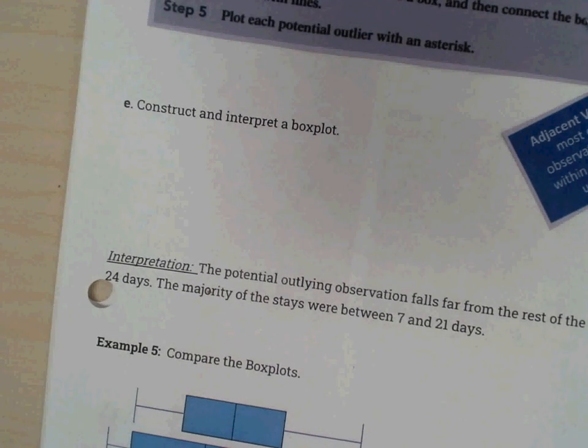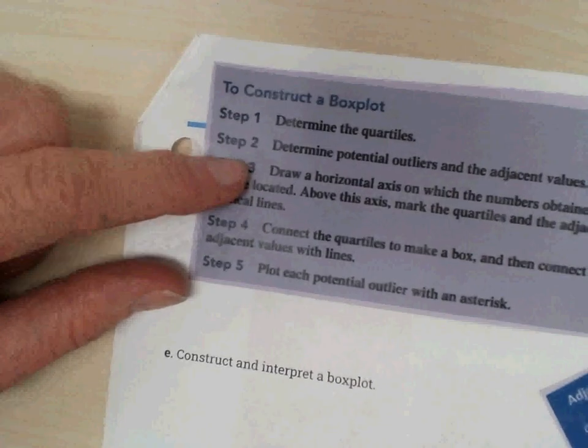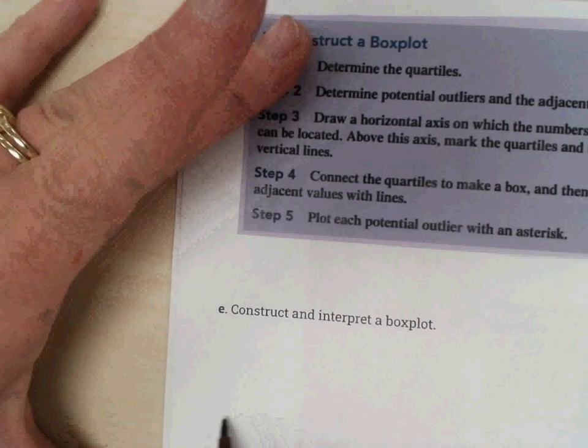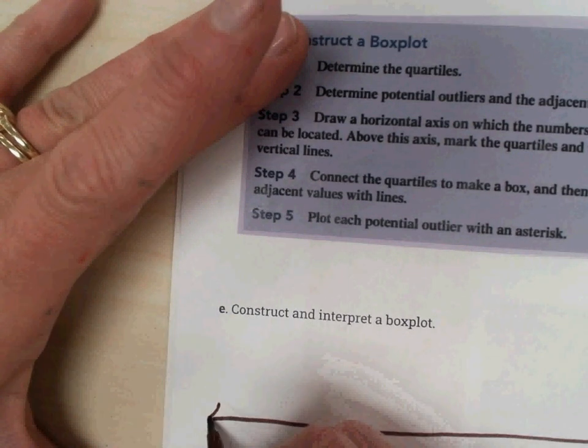Okay. Construct and interpret a box plot. Here goes. Step 1, determine the quartiles. Check, we did that. Determine the potential outliers and adjacent values. We did that. Number 3, haven't done that. Draw a horizontal axis. I'm going to go ahead and draw a horizontal axis here.